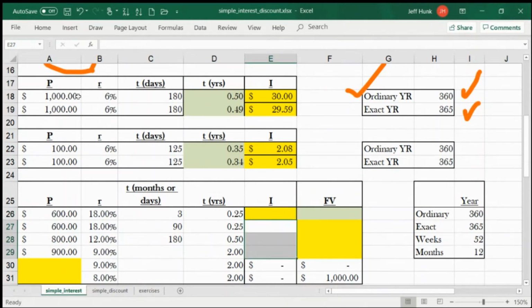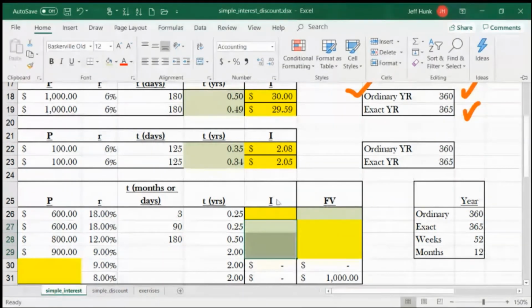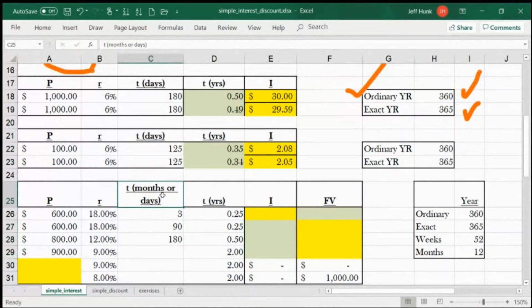But this time, time is given as months or days. Now obviously, so what is this? 3 days? No, this is 3 months actually. Okay, so you'll have to convert it into years.